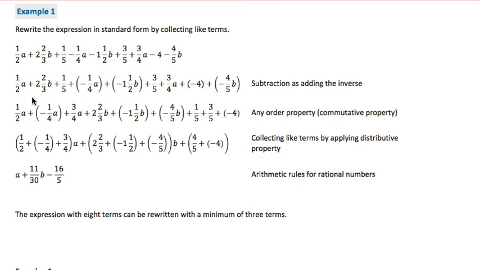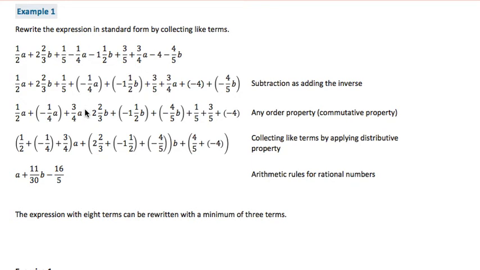Now, once we have everything rewritten as addition, we can move our terms around and add them in any order because the commutative property allows us to add in any order. What we want to do is collect all of the a terms together. So we have 1/2 a, we have negative 1/4 a, and we have 3/4 a.